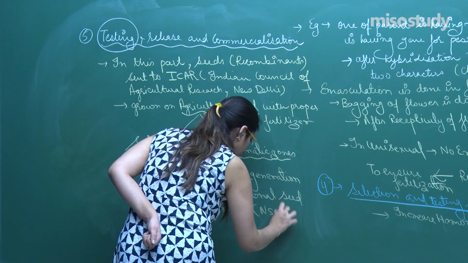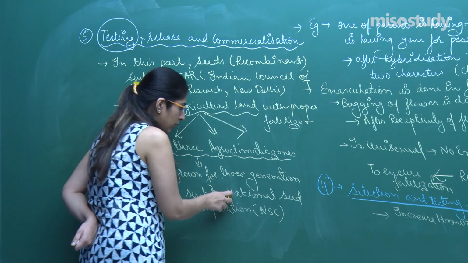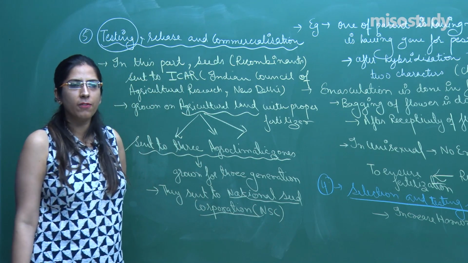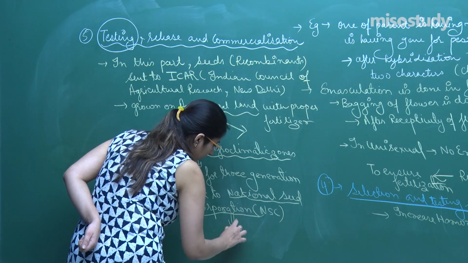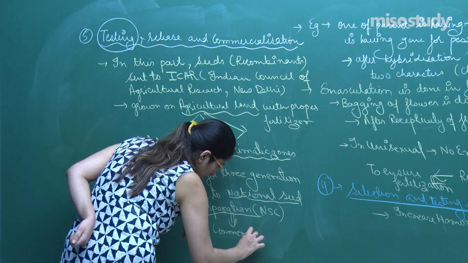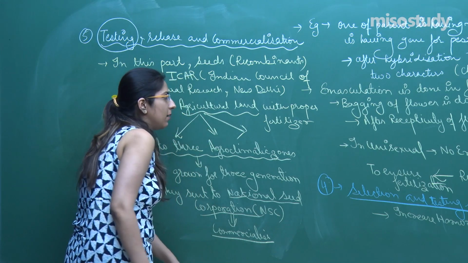They check whether the seeds are suitable or more improved as compared to the varieties available in the market or not. Later on, they are commercialized and sold in the market.